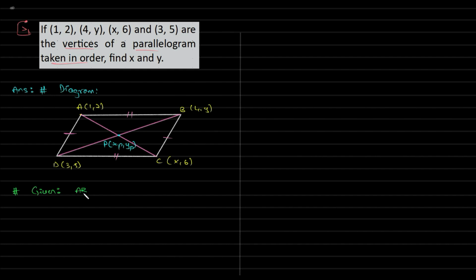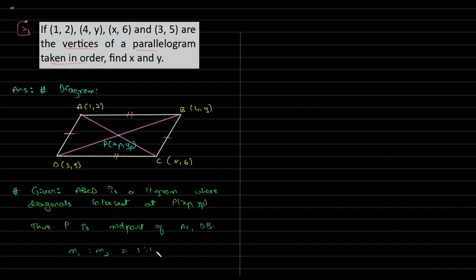Given ABCD is a parallelogram where diagonals intersect at point P, XP, YP. Thus, P is midpoint of AC, DB. Therefore, the ratio M1 is to M2 is equal to 1 is to 1.